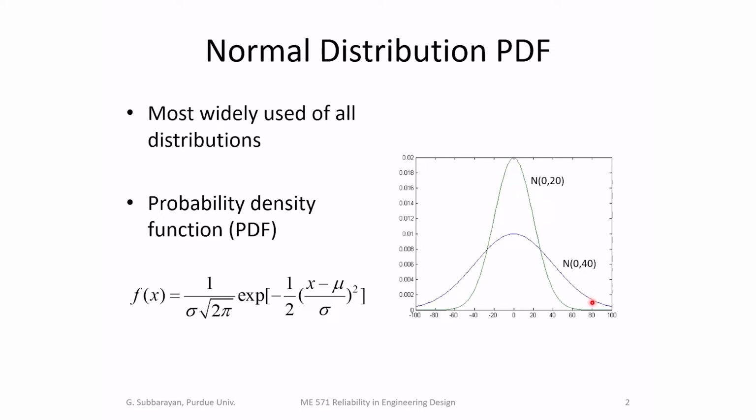And you can see that the distribution with larger standard deviation is more dispersed. Now, we rarely manipulate this mathematical form by hand. We either rely on computer or tables, as we will see shortly. So this is the probability density function of the normal distribution.